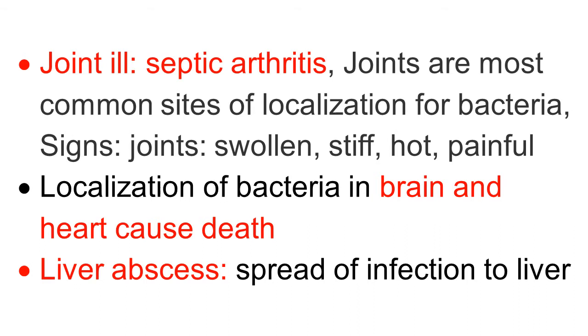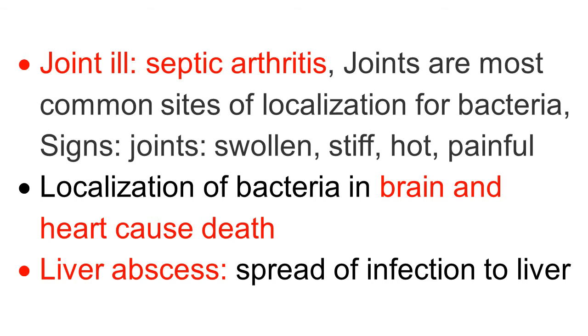From the navel, the bacteria enter the circulation and cause bacteremia and a serious condition, septicemia. Then the organism localizes in various parts of the body that we have seen. But the most common site of localization for bacteria is the joint, causing septic arthritis, called joint ill.